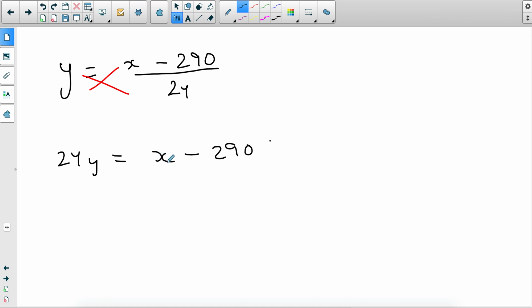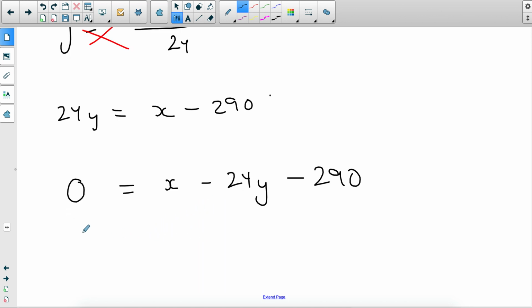So again, as I mentioned, because x is positive, let's keep it here, and let's just move the y to the other side. So because we moved y, we end up with 0 on this side, and we have x minus 24y minus 290. You can write the y in the end, I'm just rearranging it nicely this way. So now we actually have the form they told us, x plus by plus c equals 0.